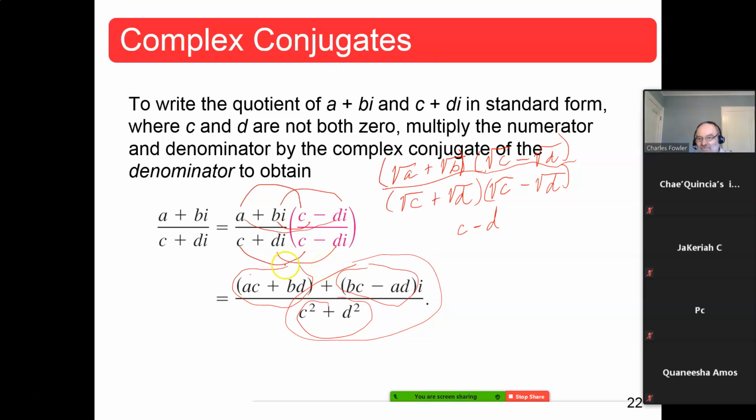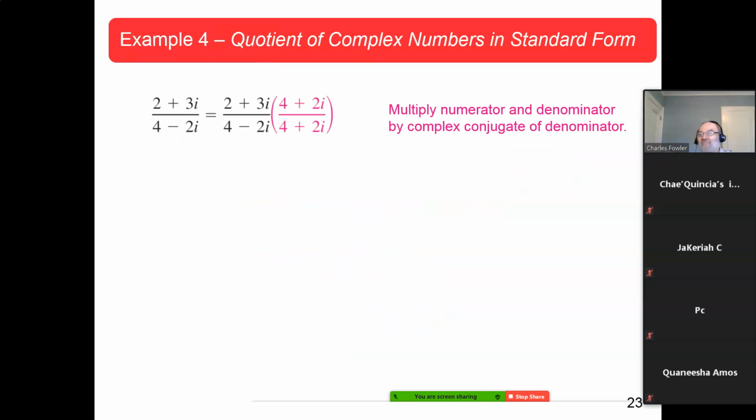Okay? This is your, so to speak, M plus Ni. This part here is a real number. That would be your N times I. This is a real number. That would be your M. So now you have it in standard form. And they like for you to get it back to standard form.